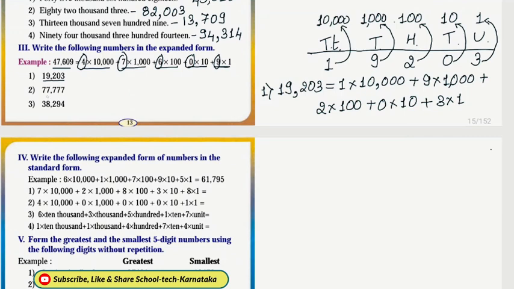So in the same way, for our second given number 77,777, how do we write it in expanded form?